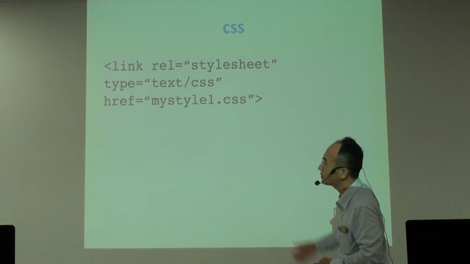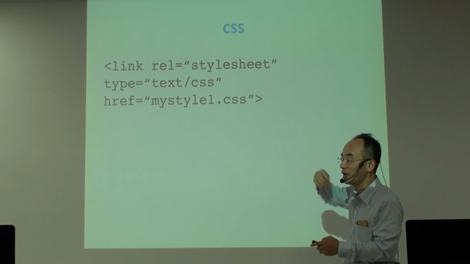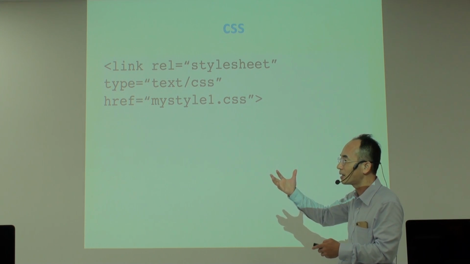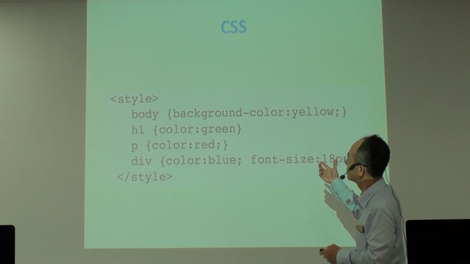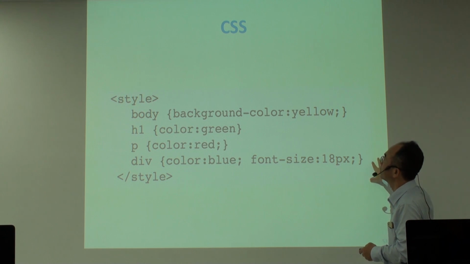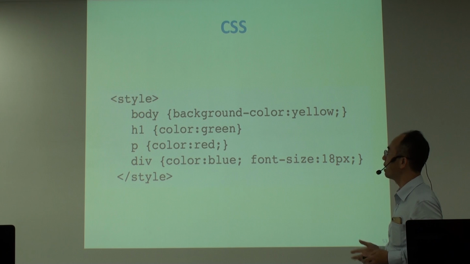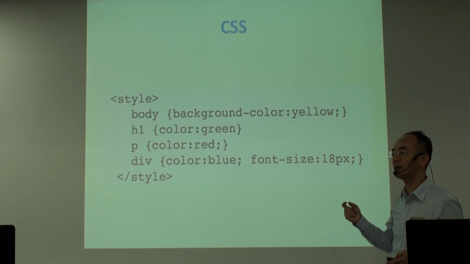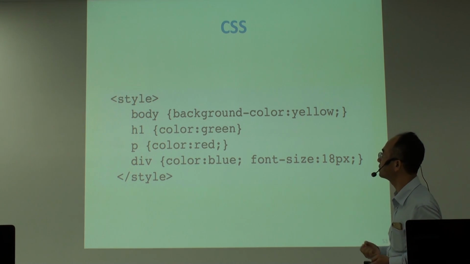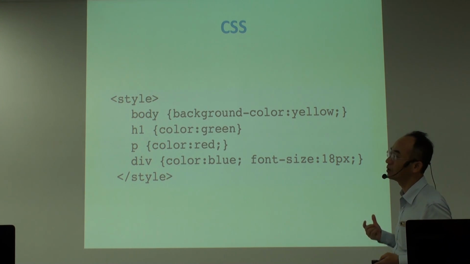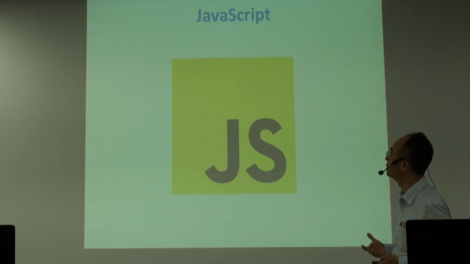So this CSS file is relatively an outside resource. And here the CSS is pure text. So now you know CSS means specifying the color, the font size. This is almost the screen, the user interface, or the view.